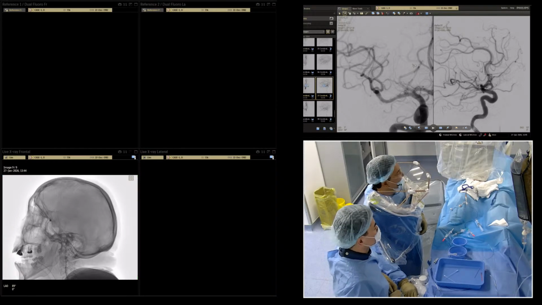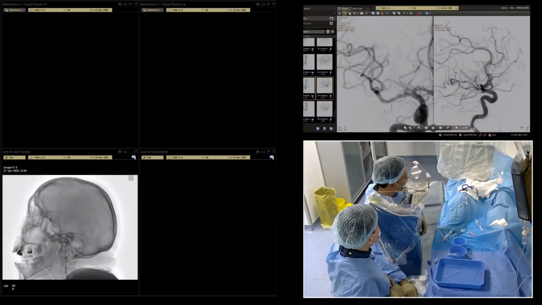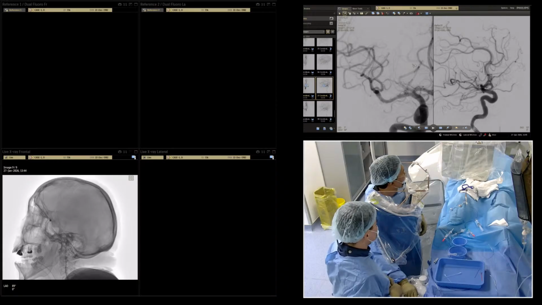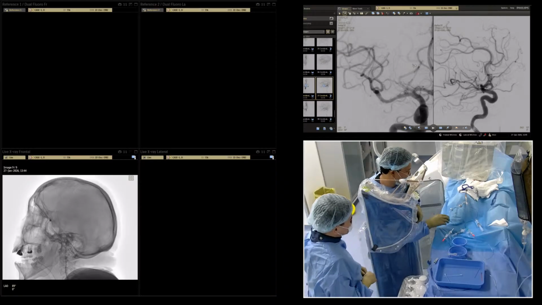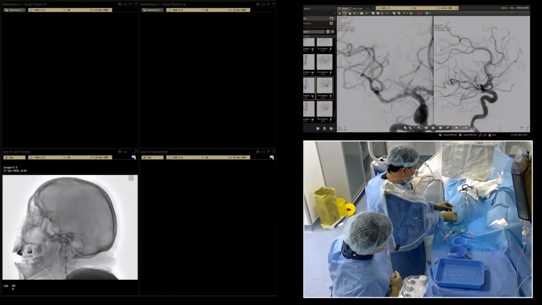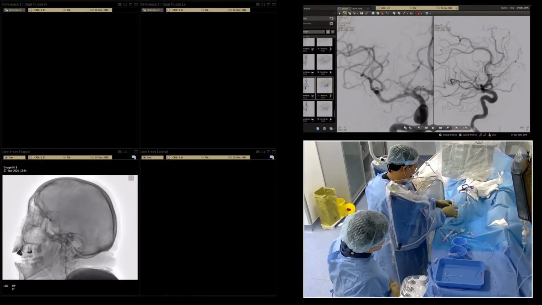Yes, we need to exclude any other related pathologies. That's why it's better to do 3D angiography.